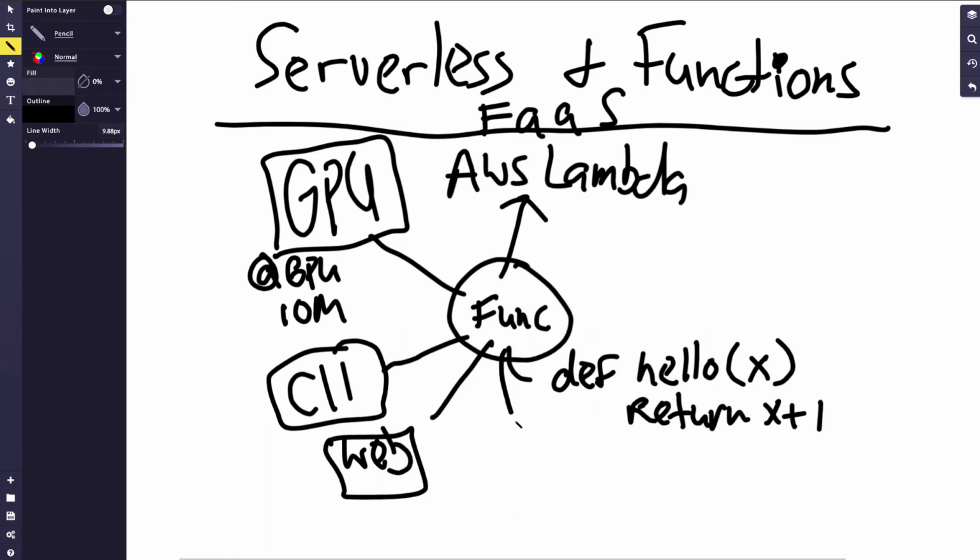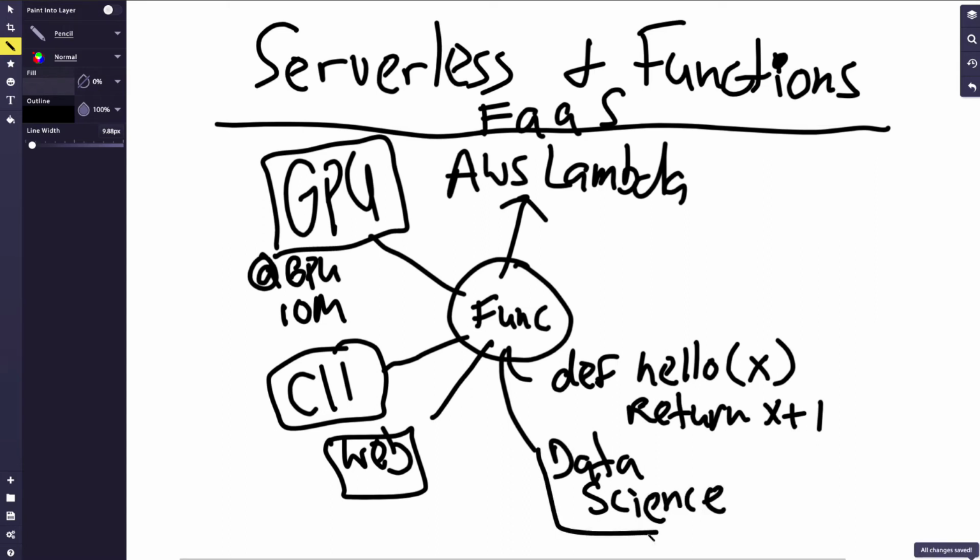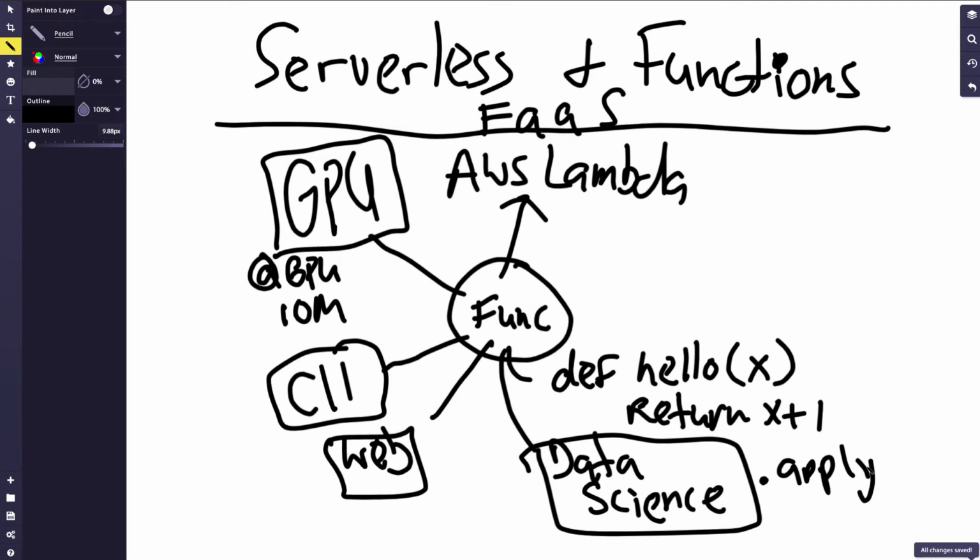The other things you can do with a function, you can also do data science. So if you go to Pandas, for example, most operations that are helpful require you to build an apply function. So you would do .apply here, and then the function would go across every row and actually do those operations.